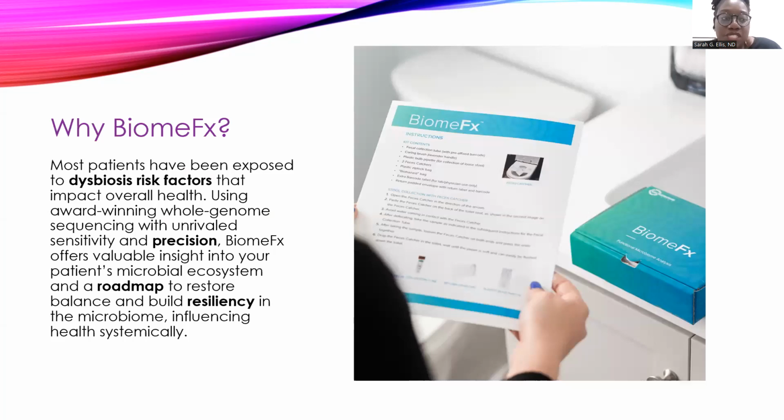Most patients have been exposed to a number of those dysbiosis factors that we talked about a couple slides ago. By using award-winning whole genome sequencing with unrivaled technology, sensitivity, and precision, BiomeFx is able to offer valuable insight into your patient's microbial ecosystem. It helps you provide a roadmap to restoring balance and building resiliency in the microbiome, and this influences their health systemically.